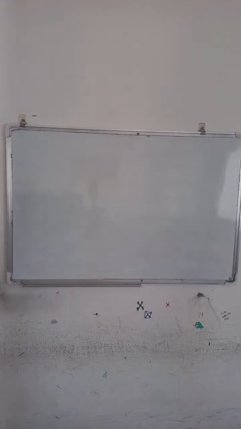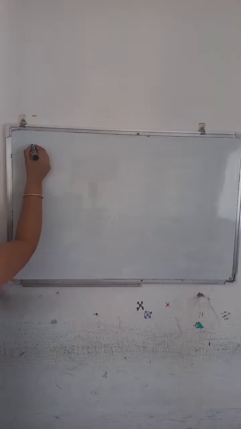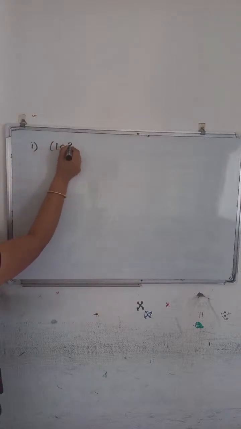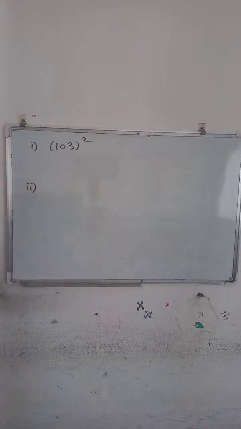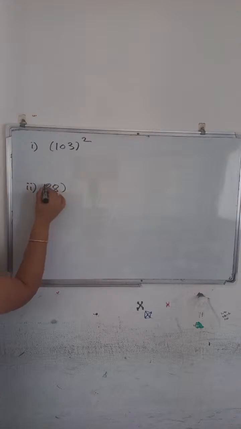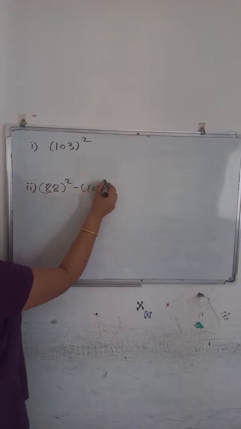First they are saying evaluate 103 square. Second, 88 square minus 12 square.